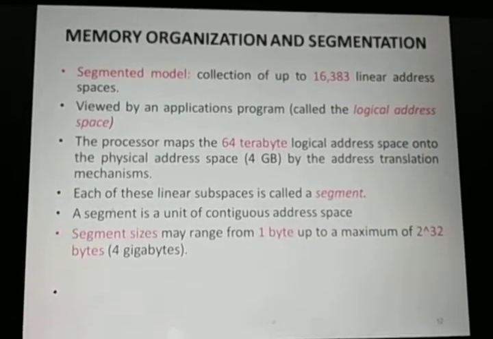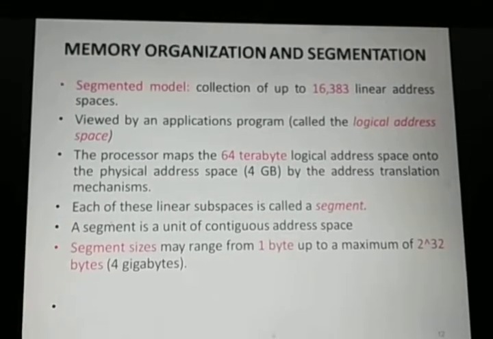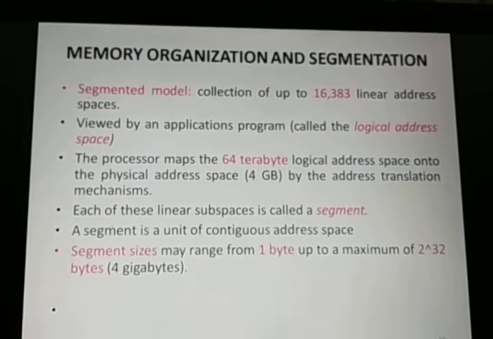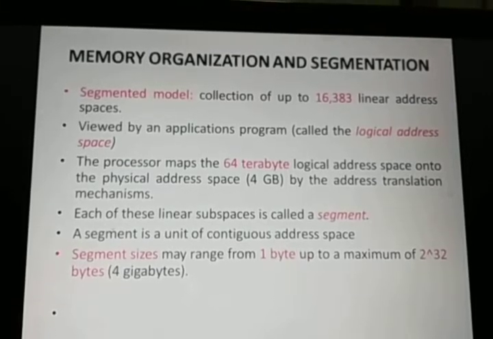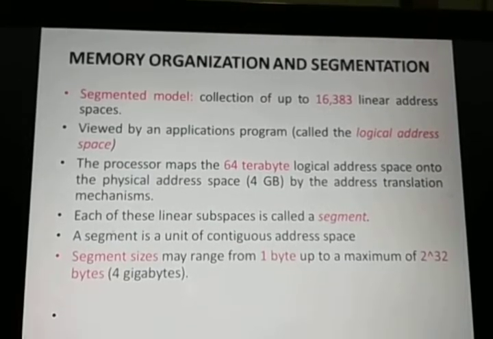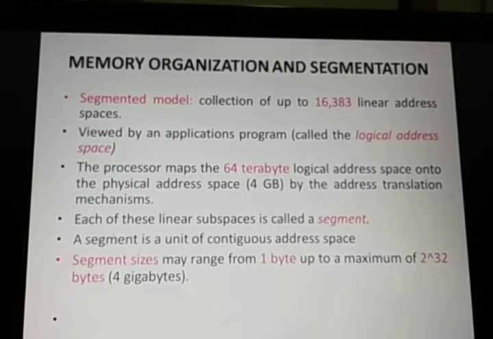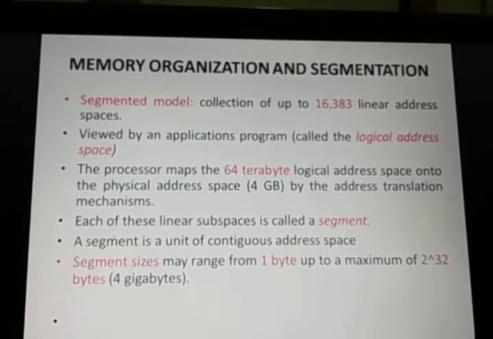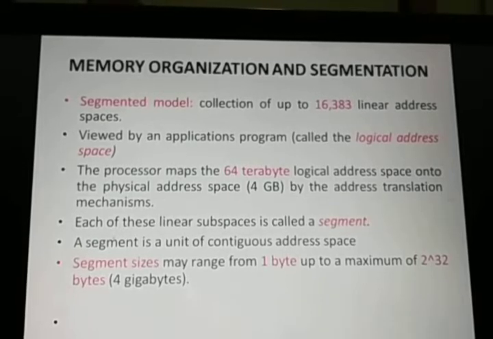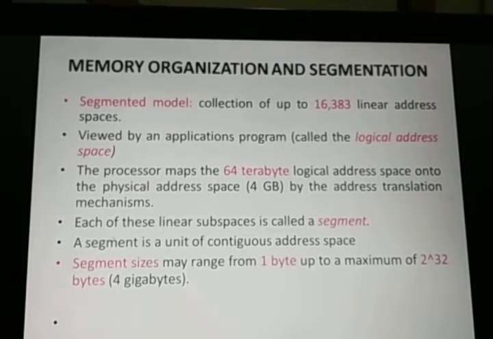The next one is a segmented memory model. In a segmented memory model, there is a collection of up to 16,383 linear address spaces viewed by the application programmer, because it depends on the software engineer how you divide your memory address space.